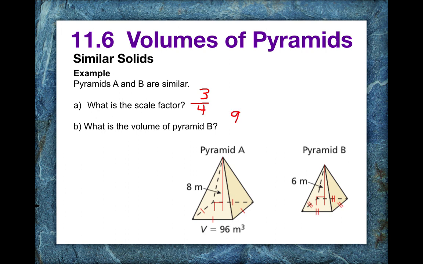So we take 96 and we multiply by the scale factor cubed. So we take 3/4 and we cube it, and then we get the new volume. So the new volume is going to be 40.5 cubic meters.